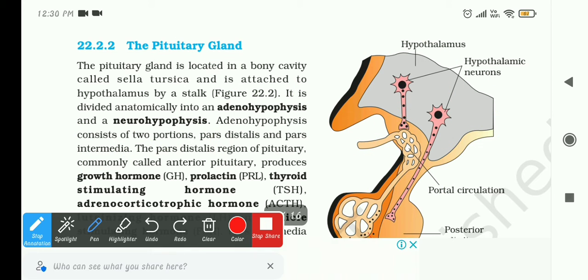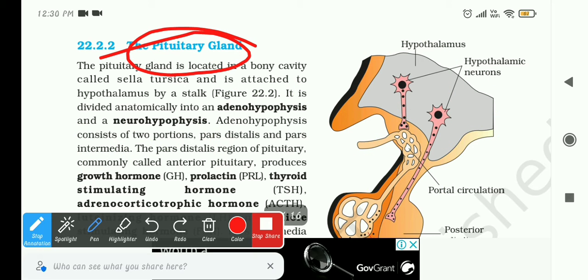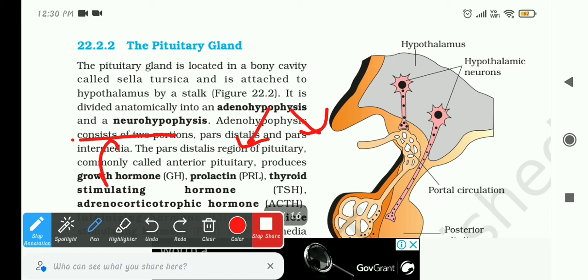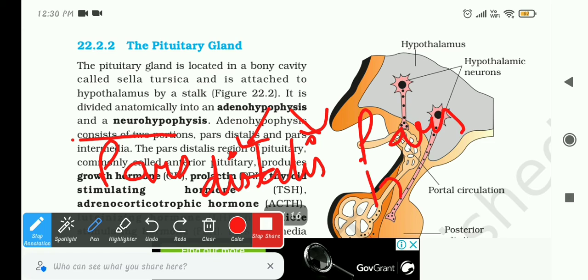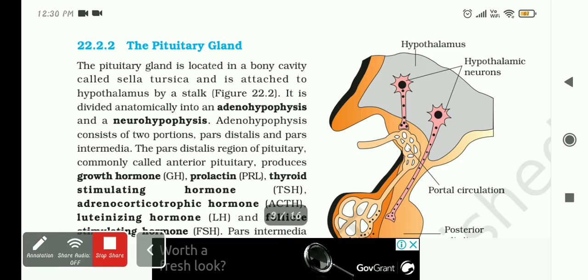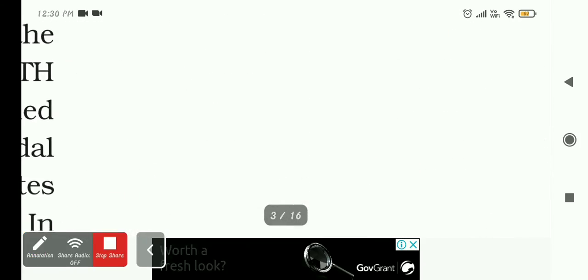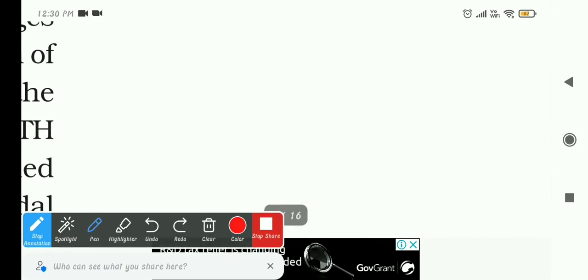Adenohypophysis also consists of two parts, which are pars distalis and pars intermedia. Okay, let me describe it here.